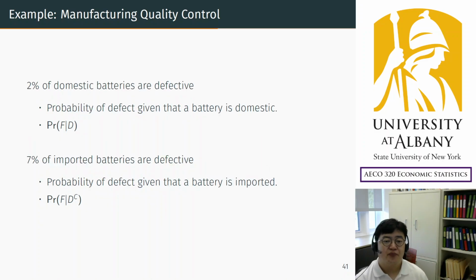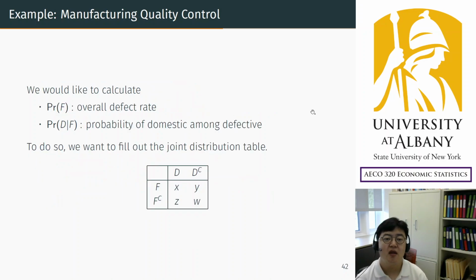Okay, so this is exactly what I explained. This is the information. Say again, you are the CEO. You are taking care of the final quality. But it's not important whether the battery is domestic or imported. So what actually matters is the overall defect rate.